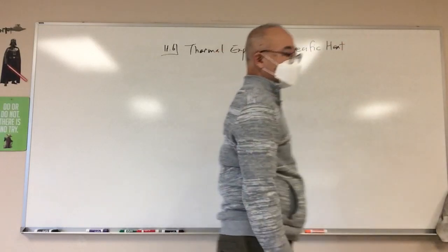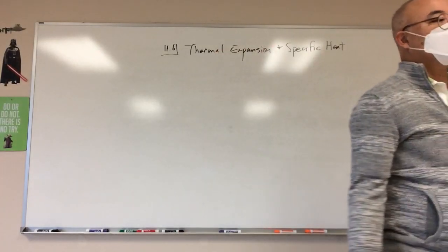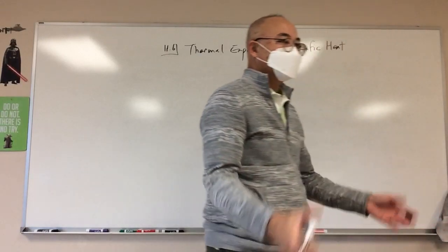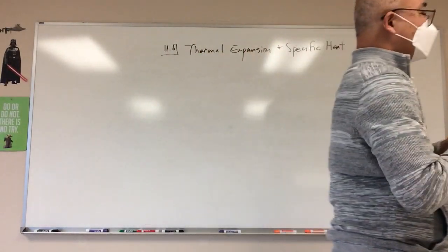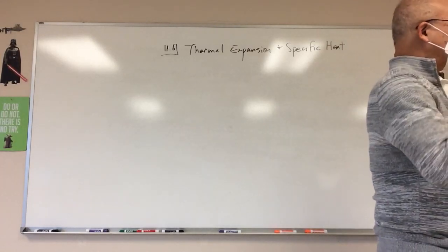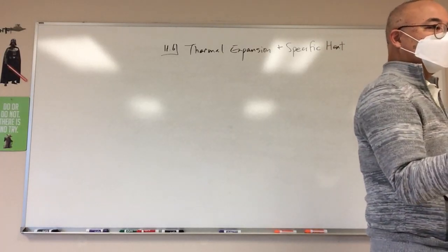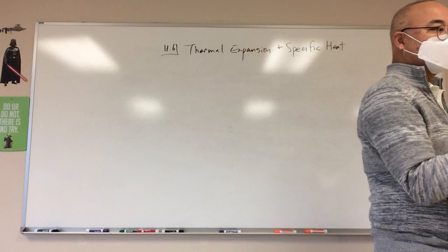Okay, thermal expansion. So when you heat something up, you heat a metal up, it's going to expand, just as when you put a metal in a cold place, it's going to shrink.